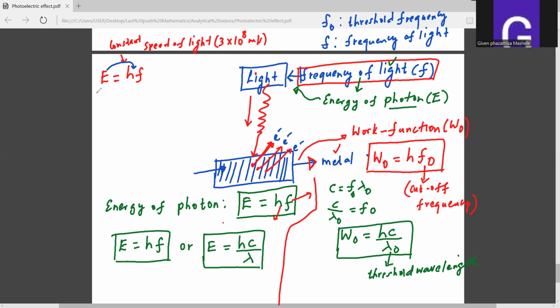It means higher frequency of light results to higher energy of photon. So what does this mean? It means if we want to increase the energy of photon, we need to increase the frequency of light.